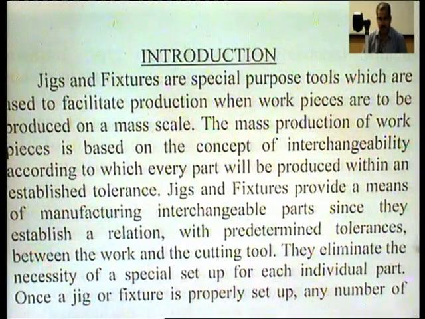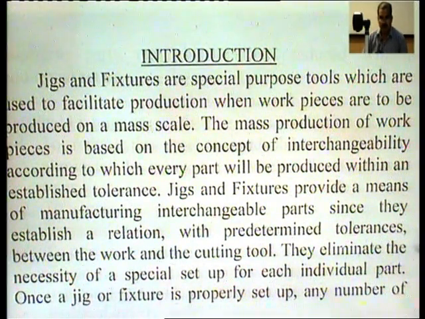As you know, jigs and fixtures are special purpose tools which are used to facilitate production when workpieces are to be produced on a mass scale. The mass production of workpieces is based on the concept of interchangeability, according to which every part will be produced within established tolerances.